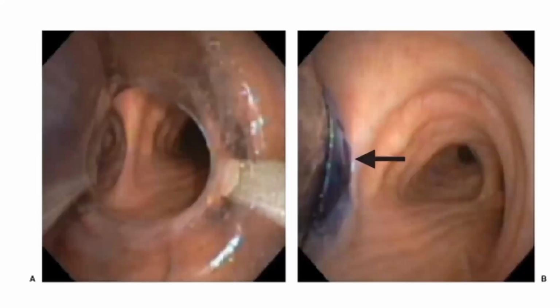Okay. You can see this is the left double lumen tube. We can see the blue color thin rim just above the left main bronchus. This is the correct positioning on the right. But if you look at the picture on the left, we can't see the endobronchial cuff because it is already too deep.